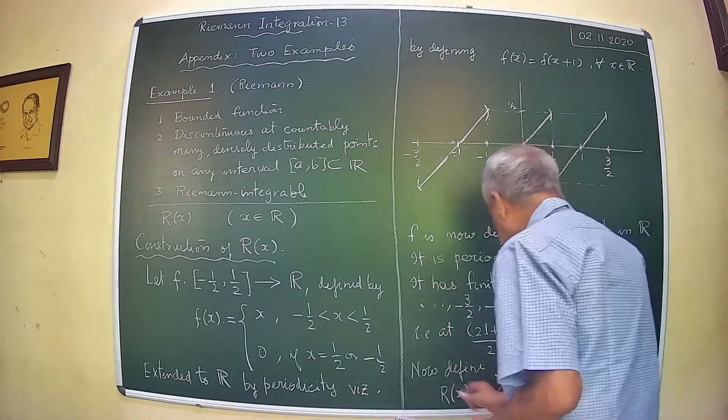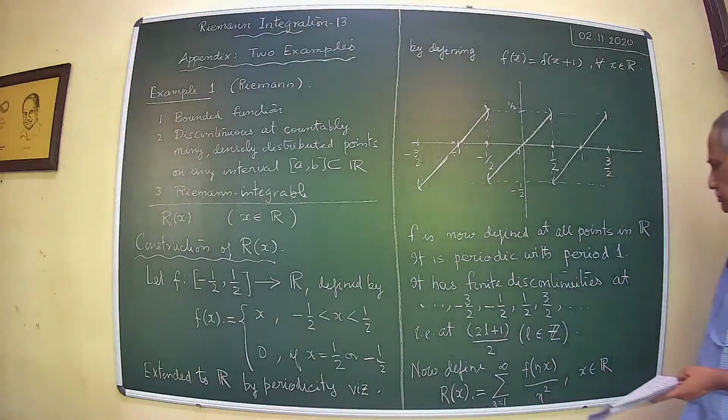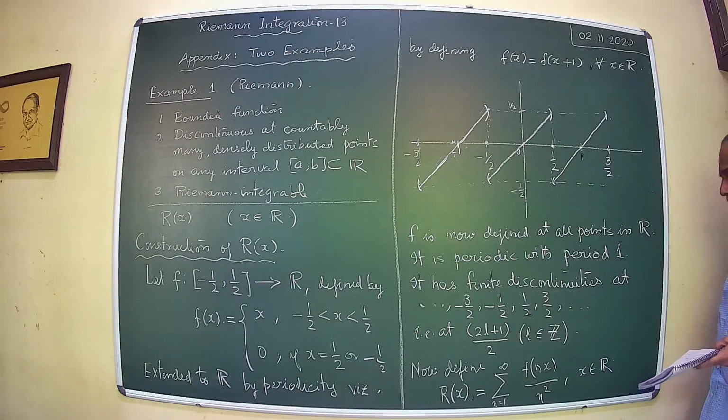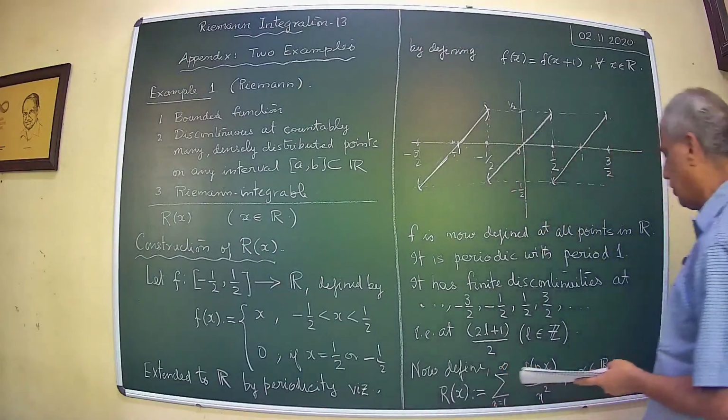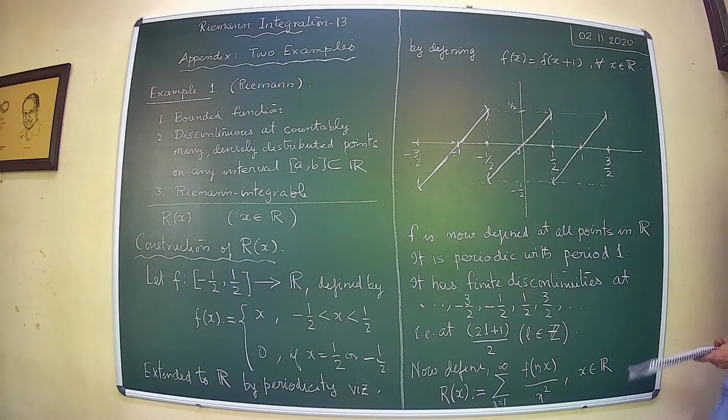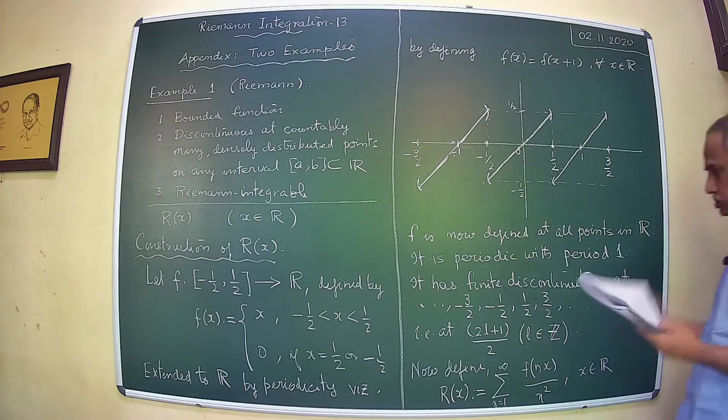That is the definition of Rx. Rx is equal to the summation n equal to 1 to infinity of f of nx divided by n square, x belongs to R.